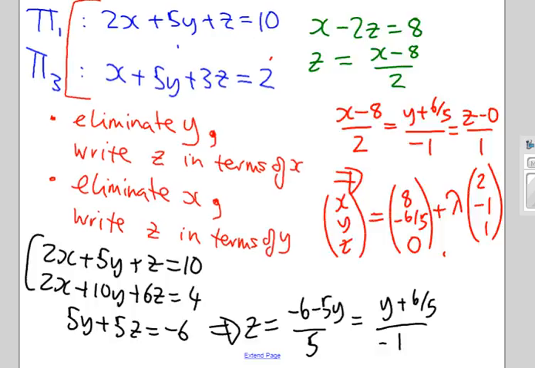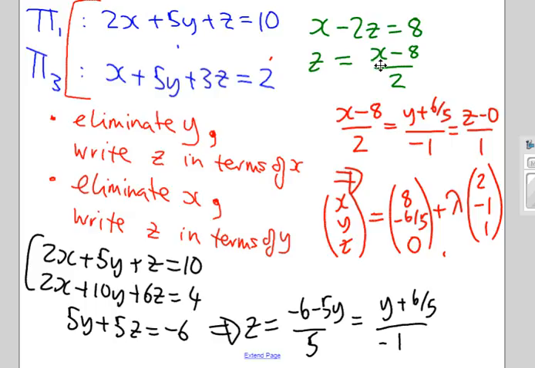And here's what you get. So down here I've eliminated x and written z in terms of y, and here I guess I've missed out some steps. I've eliminated y and written z in terms of x.